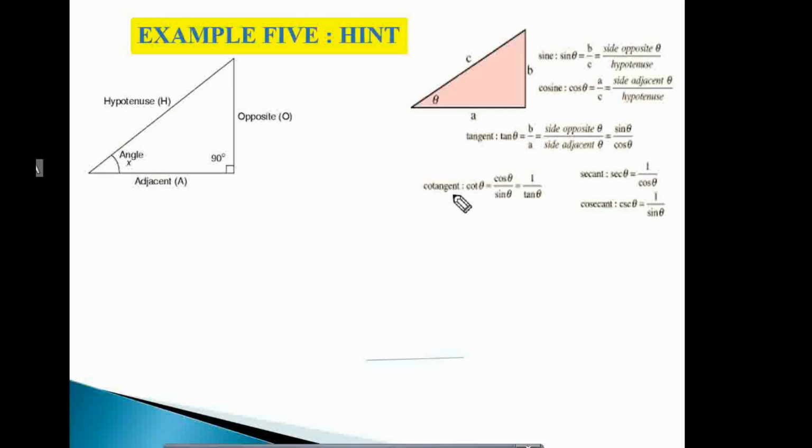Then we have cot theta, which is the reciprocal of tan theta, which is cos theta over sine theta. There are some others that we'll cover later at the higher level of learning. Then we have secant, sec theta, which is the same as 1 over cos theta. We have cosecant, which is equivalent to 1 over sine theta.